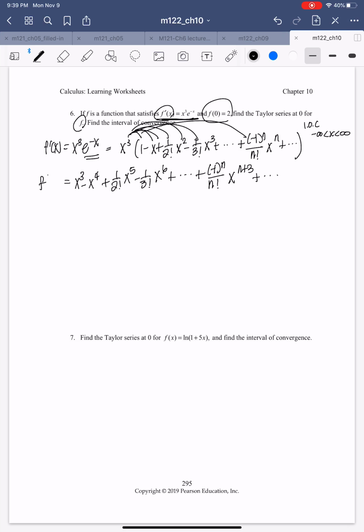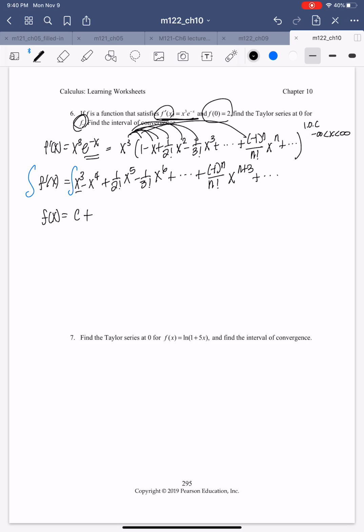Now, let's integrate so we come up with f. As soon as you integrate, now you have f of x: raise the power, divided by the new power. And because it's an indefinite integral, there's no number in front, I'm just going to use plus c. I don't like having that after the dot dot dot, so I'll just put plus c here at the front.